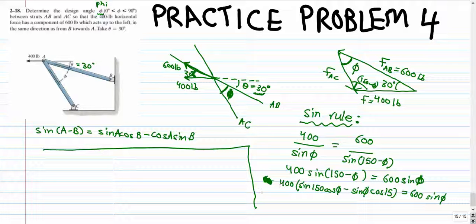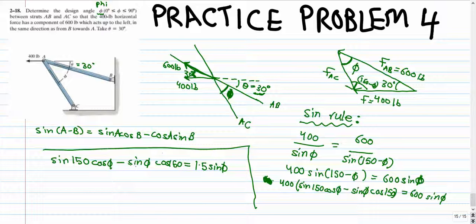Alright, so divide 400 on both sides, and what we get is sine of 150 cos of phi minus sine of phi cos of 150 should be equal to 600 divided by 400 is 1.5, so 1.5 sine of phi.